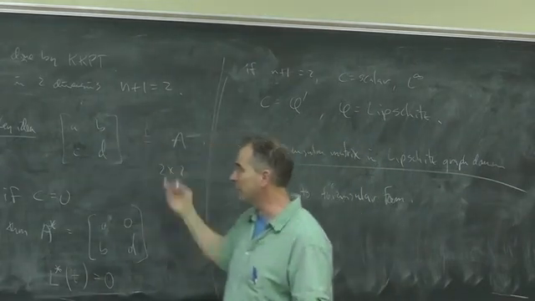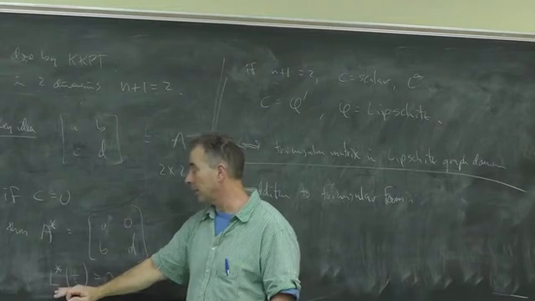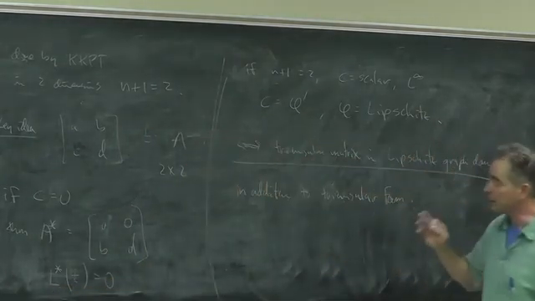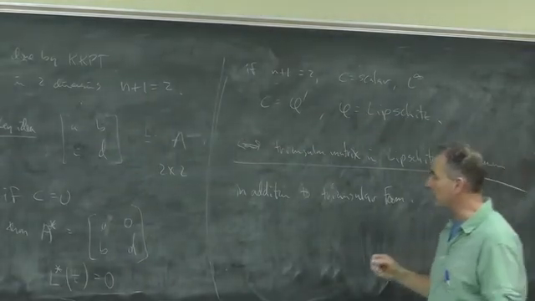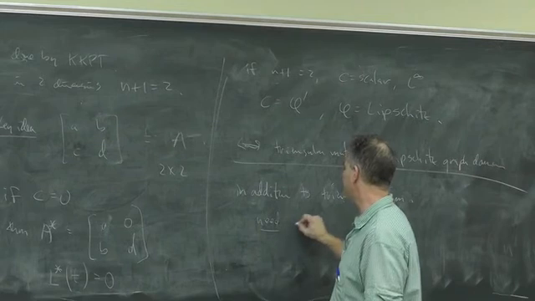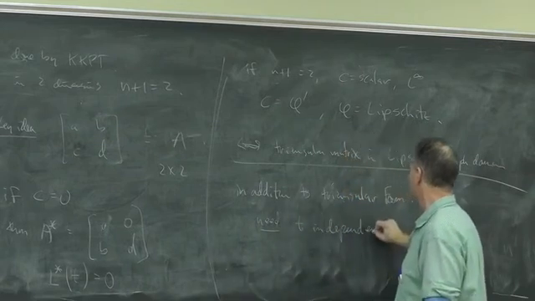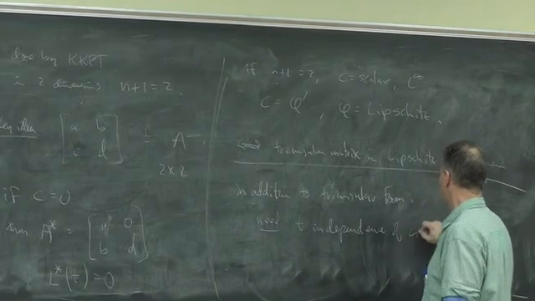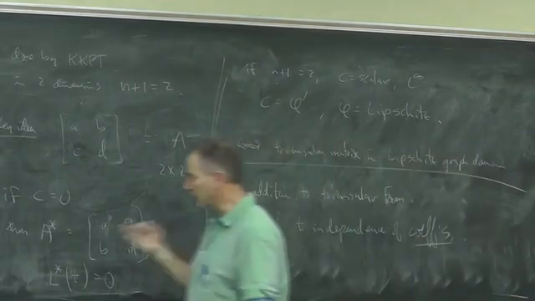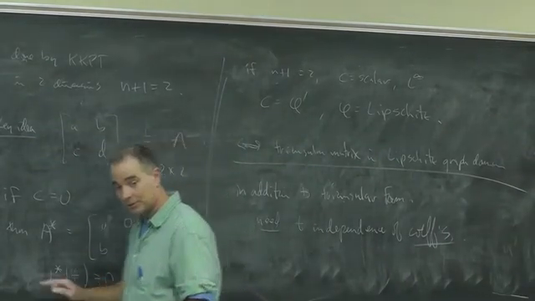In order to carry out this integration by parts, you get that L star of t is 0 not just when you have a triangular form, but it also requires t independence of the coefficients. Okay. So if the coefficients are t independent and triangular, then you have this.